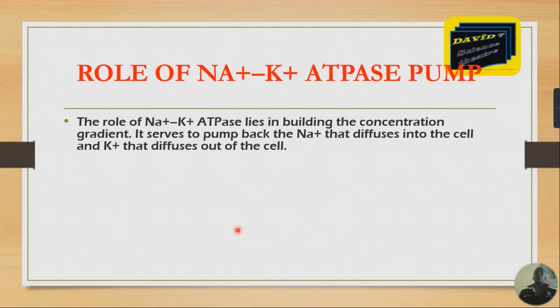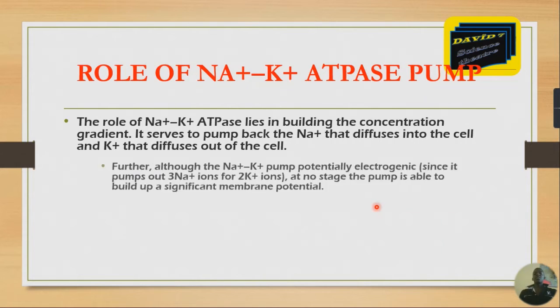But this pump regulates that. This pump makes sure that whatever sodium goes into the cell is pumped back out of the cell, and the potassium which diffuses out of the cell is brought back into the cell to maintain stability of the membrane and the cell.